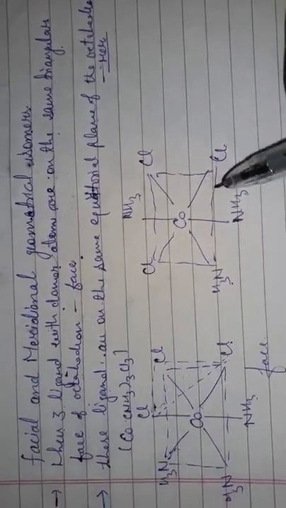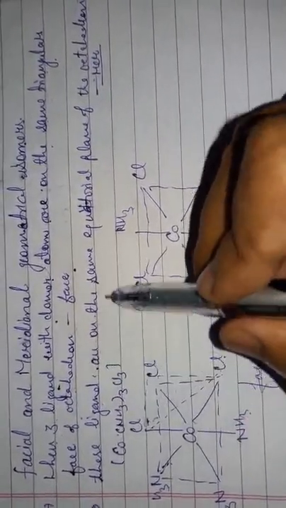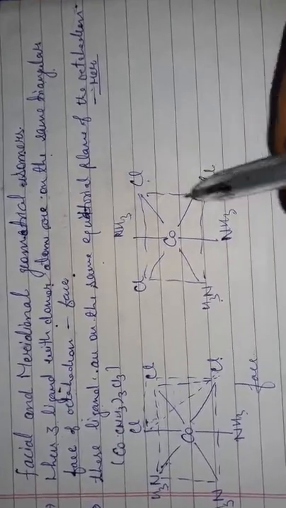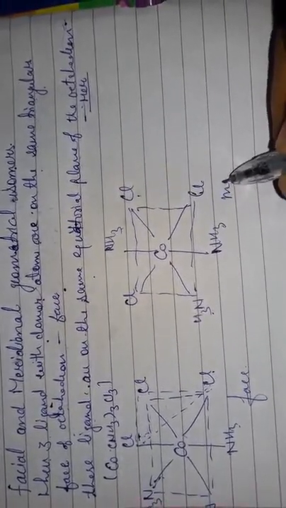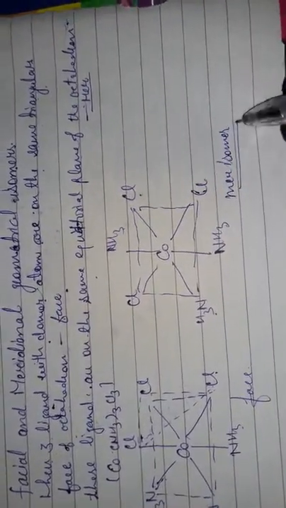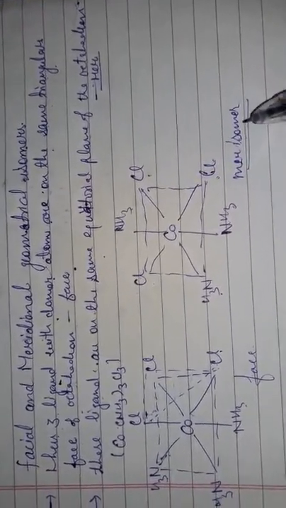Similarly, when these ligands are on the same equatorial plane of the octahedral complex, that is called a mer isomer. This is the chlorine present in the equatorial position, so that's why it is called a mer isomer.